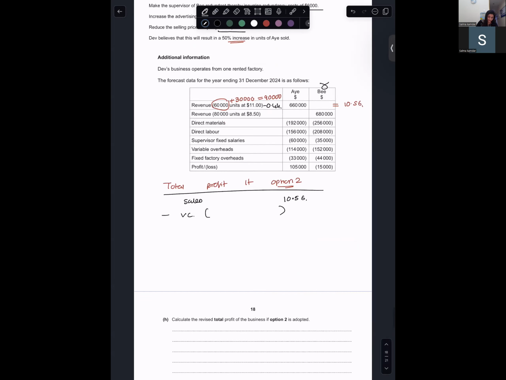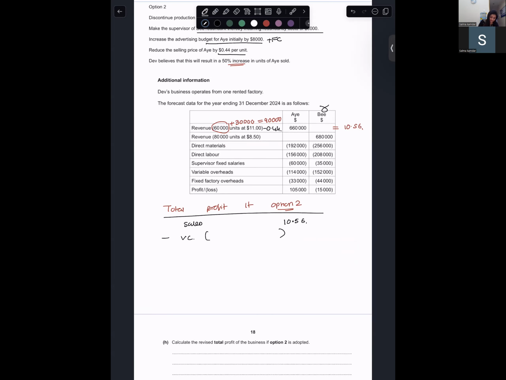So 10.56 minus 7.7 gives me the contribution of 2.86. Multiply by the number of units, and I get my total contribution as 257,400. I will minus my fixed costs.